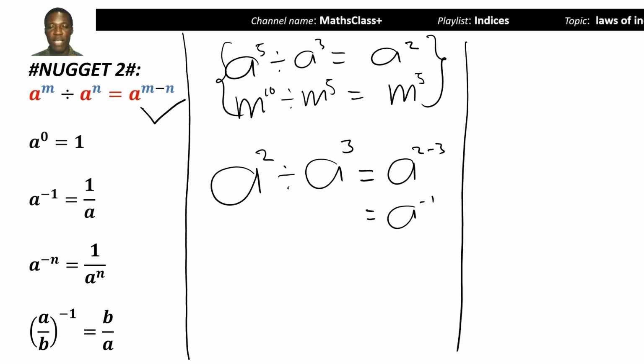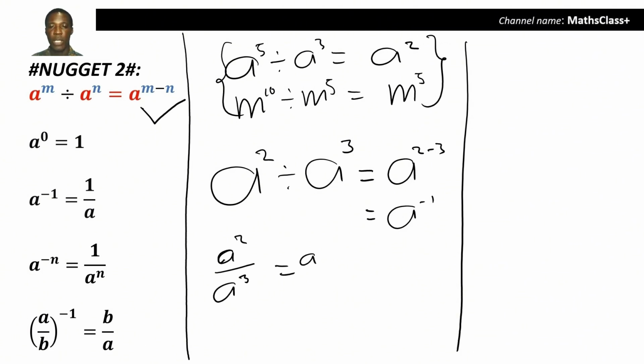Okay, so now let's also rewrite it in fraction form. So we have a to the power 2 divided by a to the power 3. So a by a divided by a by a by a.